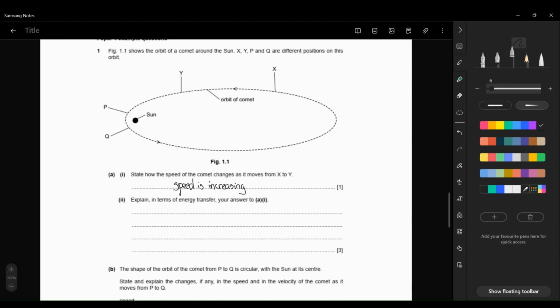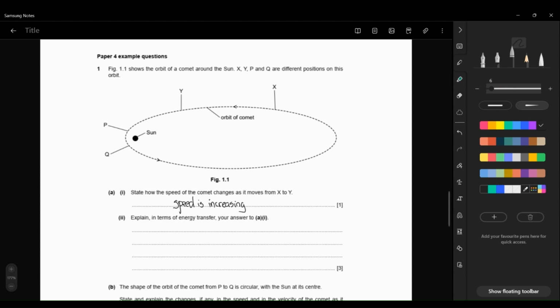Explain in terms of energy transfer your answer to A1. Now you explain your answer. Why is the speed increasing? I already mentioned part of it. It has to do with the fact that the distance to the Sun is decreasing. So, for the same reason that if you drop an object here on Earth, it will increase its speed until it touches the ground. The mechanism by which the planet is increasing its speed is basically the same.